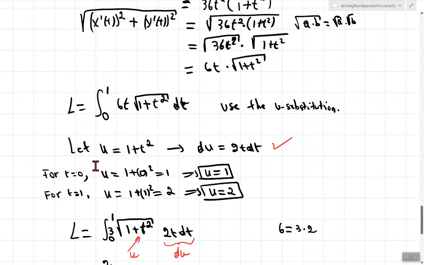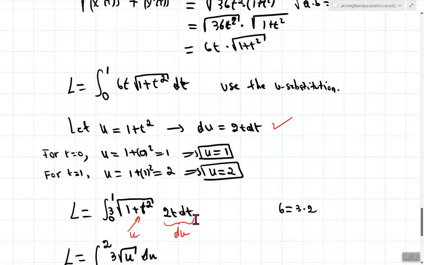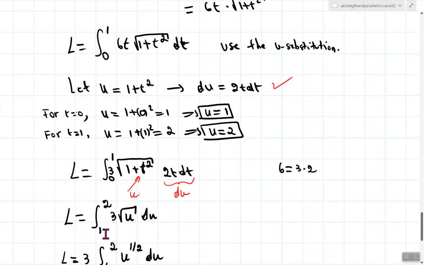But I want to change this t integral into a u integral. So we also have to change the limits of integration. When t is 0, we plug in 0 for t here, we get u equals 1. When t is 1, you plug in 1 for t, you get u equals 2. So you're going to integrate from 1 to 2.